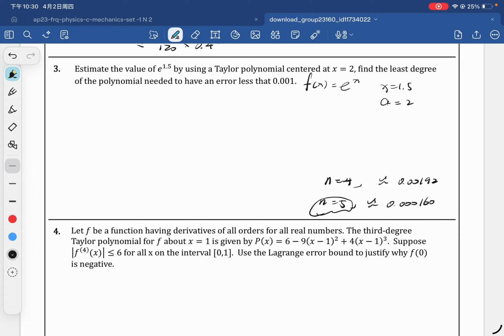We're going to find the least degree, so we still write down the Taylor inequality, which is R n of 1.5 should be less than or equal to the maximum value divided by (n plus 1) factorial times 0.5 raised to the power of (n plus 1), and this should be less than 0.001.